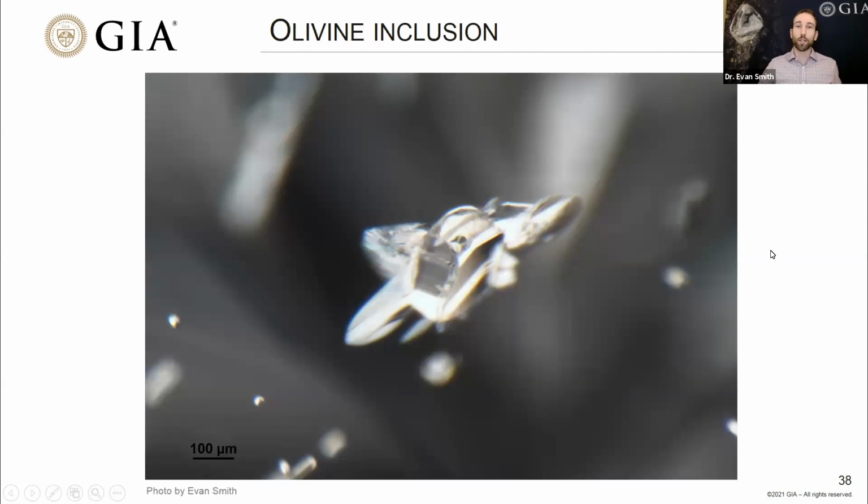Now, here's another inclusion, and it kind of looks similar, maybe. It almost looks reflective, and it's hard to tell if this is actually metallic and highly reflective or if it's transparent and highly reflective. In this case, it actually is transparent and colorless. This is an olivine inclusion.